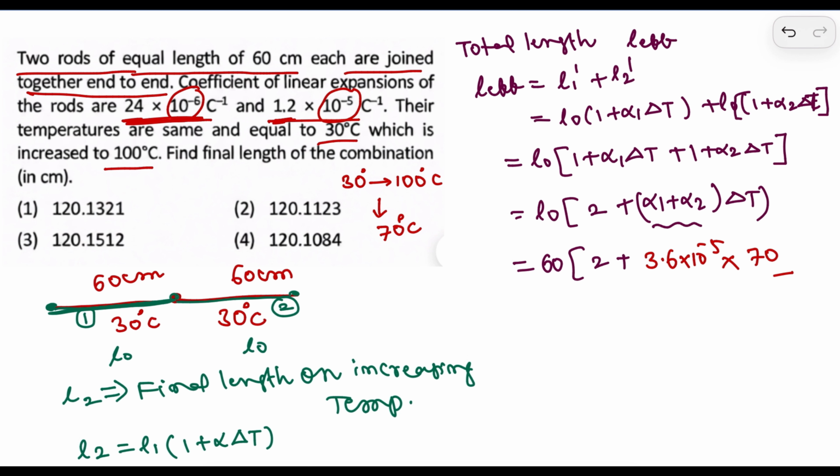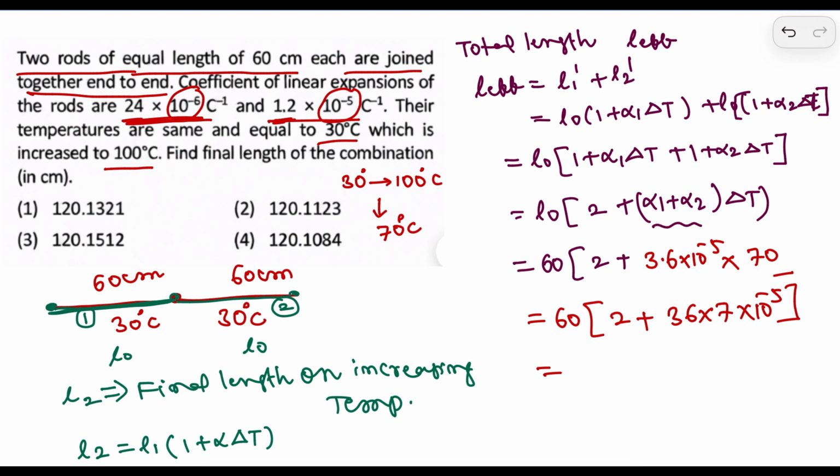Okay. This is equal to 60 times of 2 plus 3.6 into 7 into 10 power minus 5.